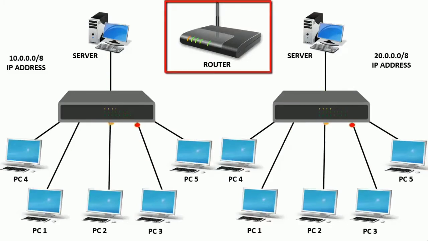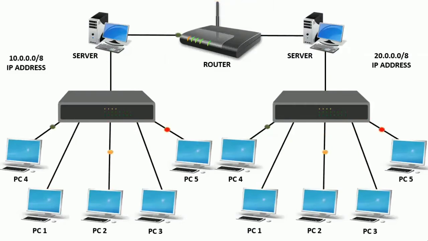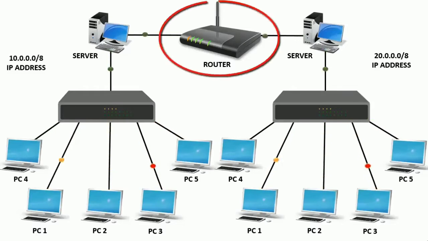So we use a centralized device called a router. Now, whatever data is sent by network 1 to network 2 or vice versa, it will go through the centralized device, the router. Like this, the router is acting as a gateway. It is the main gate to enter into different networks.